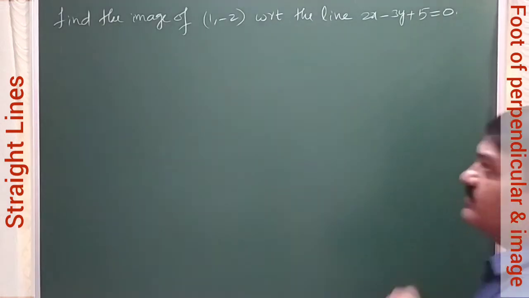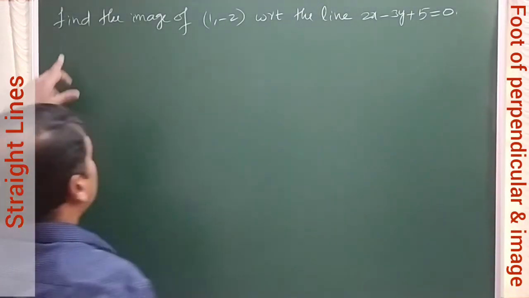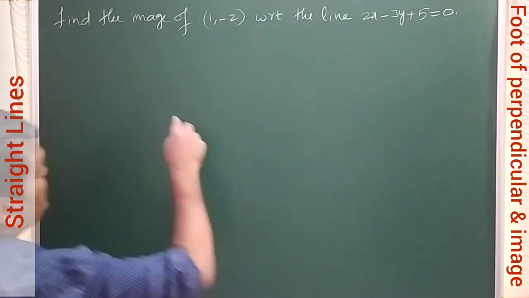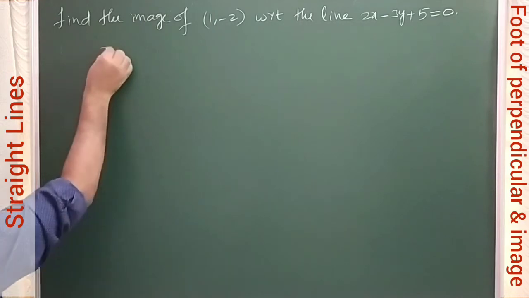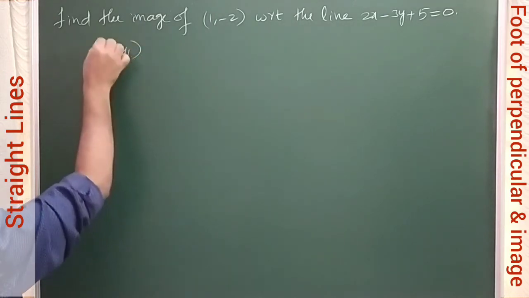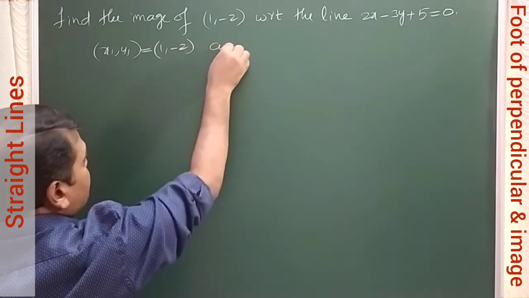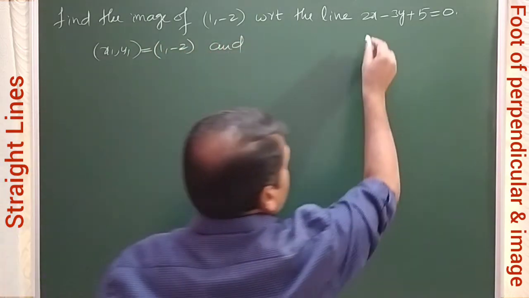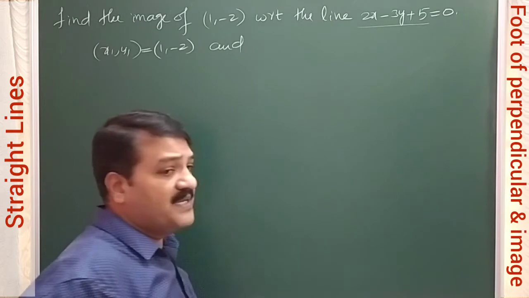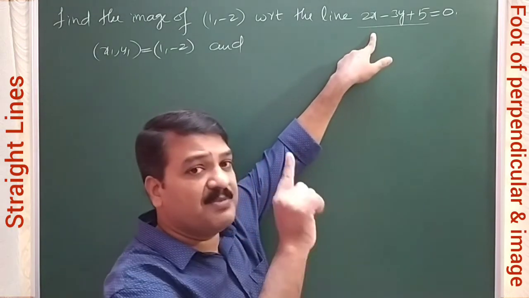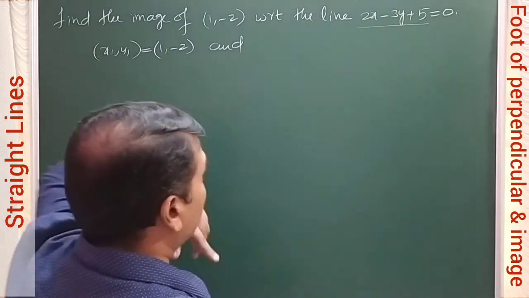So this is the problem we are going to solve now. We have to find the image of this point with respect to this line. So take the point as x1, y1 to apply the formula, and compare this line with ax plus by plus c is equal to 0.